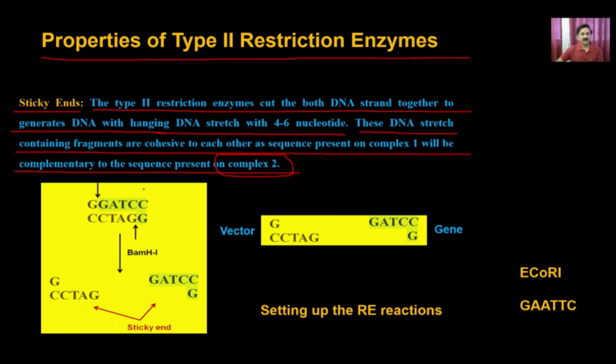So you can imagine that this is the restriction site for BamH1. If I digest this with BamH1, it is going to recognize this particular sequence and cut within it. It is going to cut just after the G on both the strands, so you can imagine that it is present within the DNA strands.